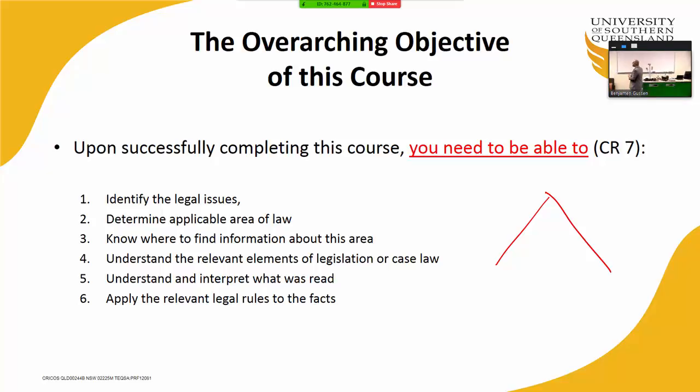So, if you graduate and you end up looking at something that has to do with employment law, you would be able to analyze the problem you're looking at without me being there telling you what the content of employment law is. You would be able to identify the legal issues and give a coherent recommendation to your management or to your business as to whether you want to pursue this in court or not.